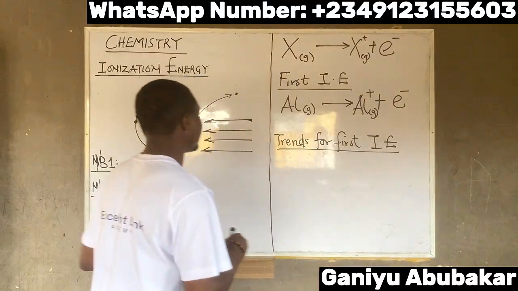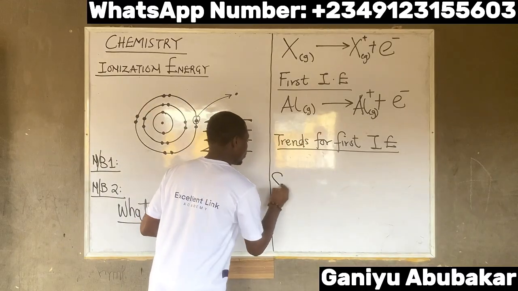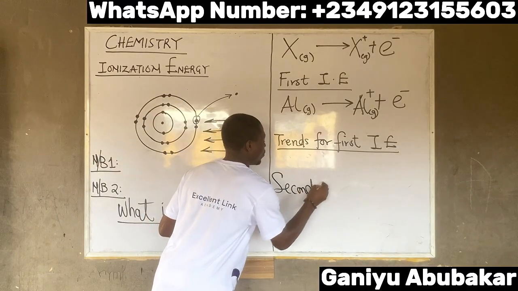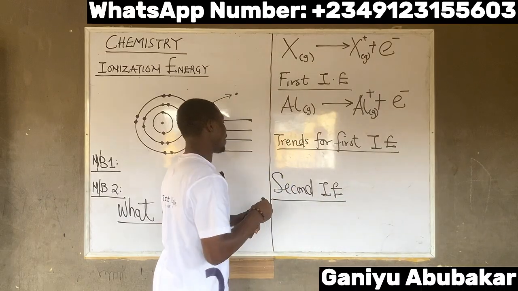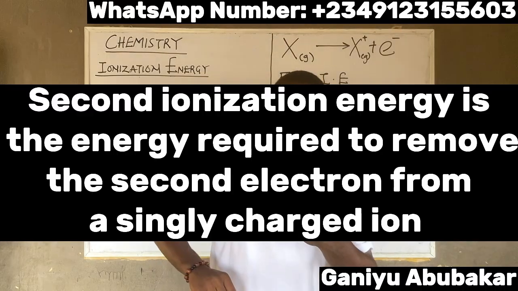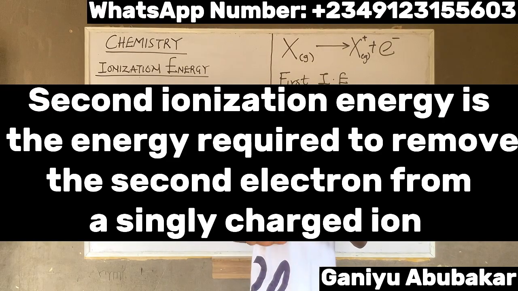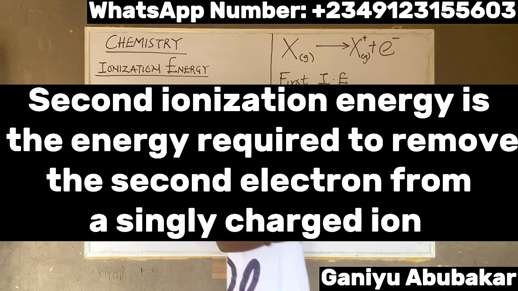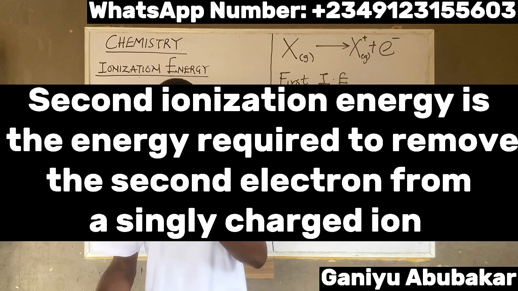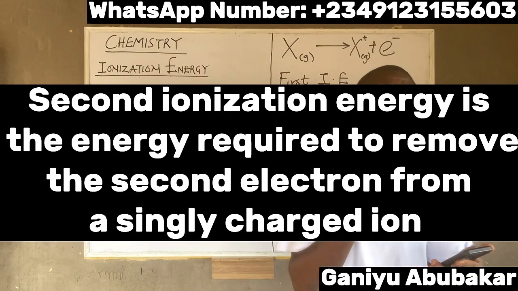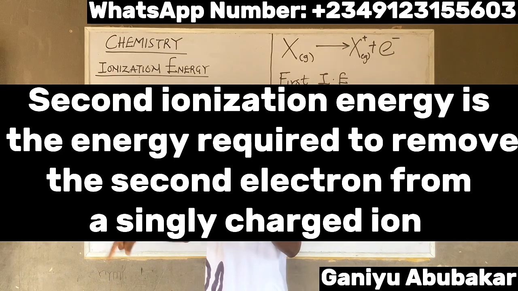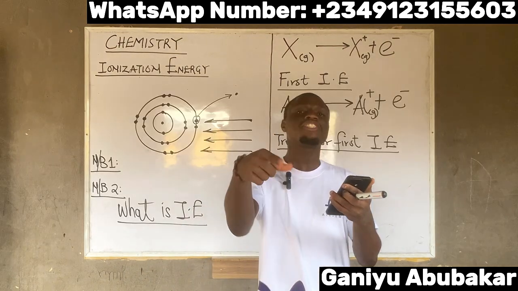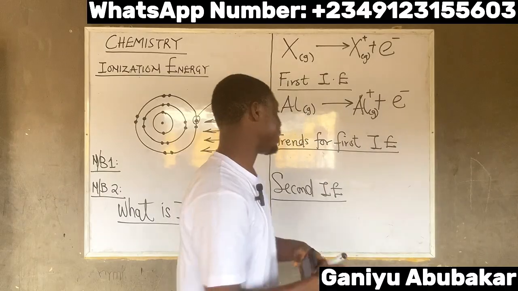Let's look at the second IE, please. Second IE is the energy required to remove a second electron from a singly charged ion, X plus.